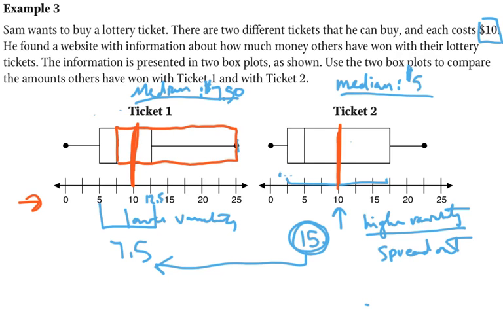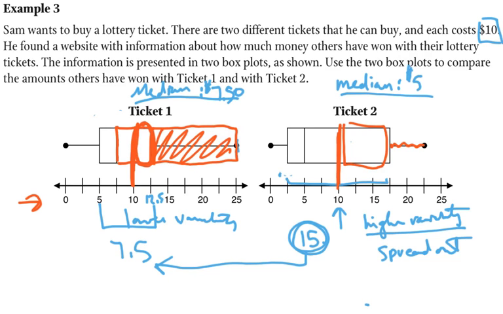Half the people scored within this zone, and a quarter of the people scored within this zone, and then even half of a quarter scored within that. Whereas slightly more, a quarter scored this really high, and up here. I'd almost say ticket 2 might get you more chance at getting a higher than $10, because if you're losing less than 10, you're probably not too happy with that, are you? Okay?